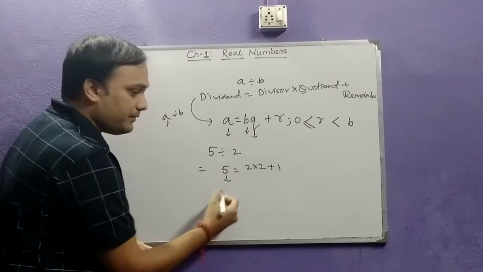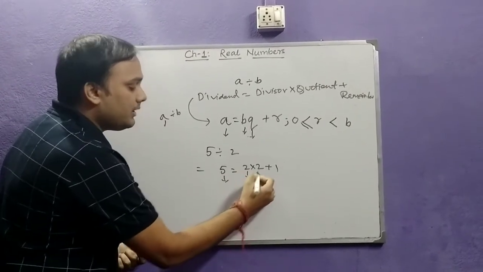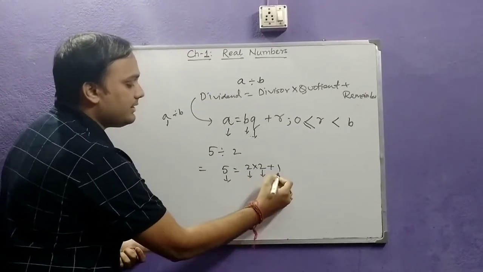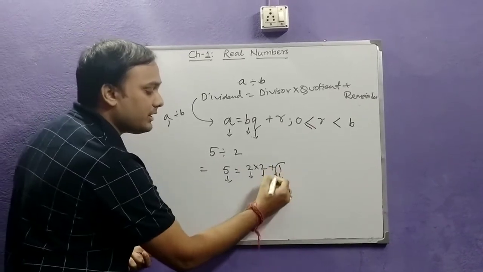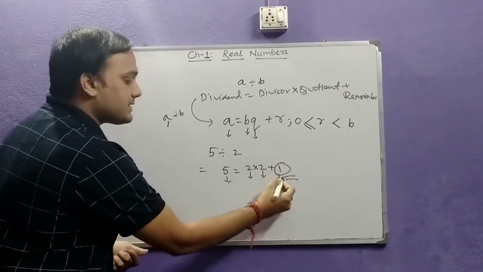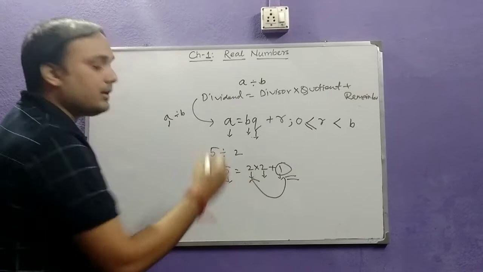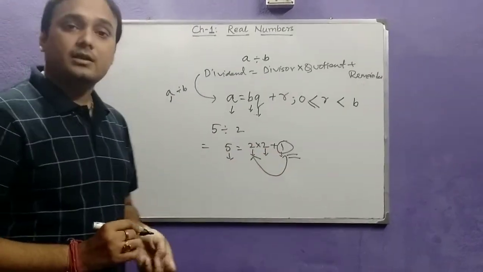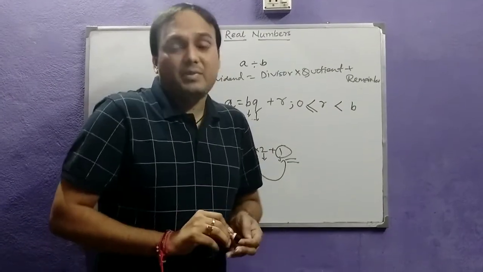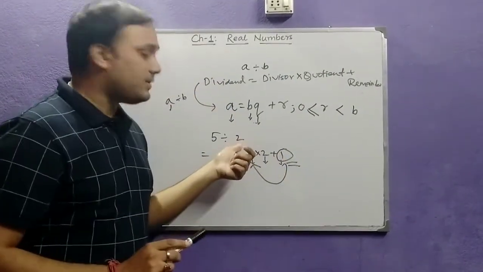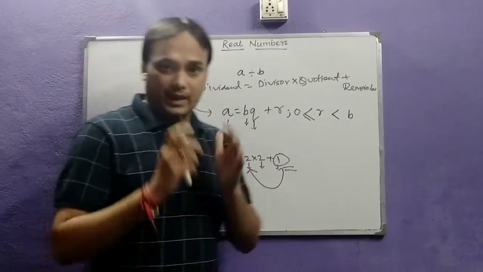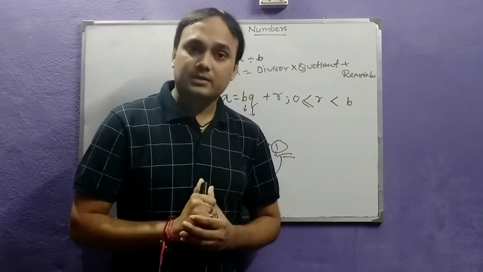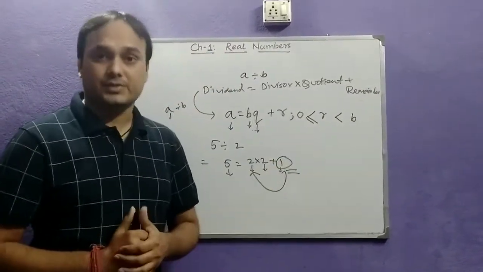So this 5 is the dividend, this 2 is the divisor, this 2 is the quotient, and this 1 is the remainder. And you see, students, this 1 is lesser than the divisor 2. So the remainder will always be lesser than the divisor, and may be 0 sometimes, if the divisor is a factor of the dividend.